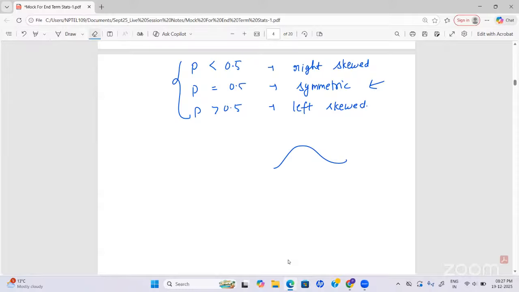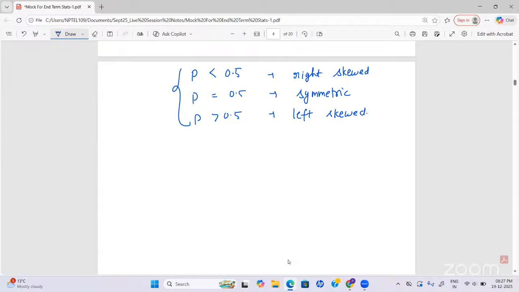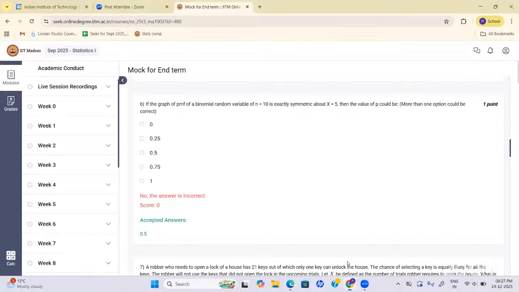Ma'am, is this true for all distributions? This property is for binomial distribution, not for all. Okay, so for this question number 6, the answer will be 0.5.